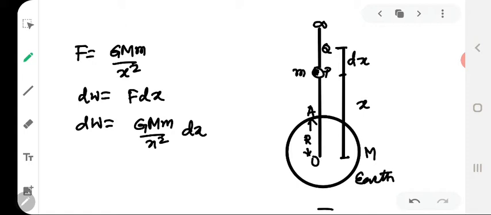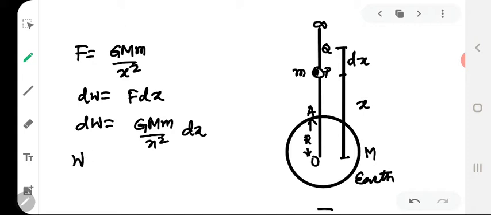So total work done to move the body from the surface of the Earth to a point at infinity, where the gravitational pull would reduce to zero, can be obtained by integrating both sides of the above equation within the proper limits, that is x equal to capital R to x equal to infinity.